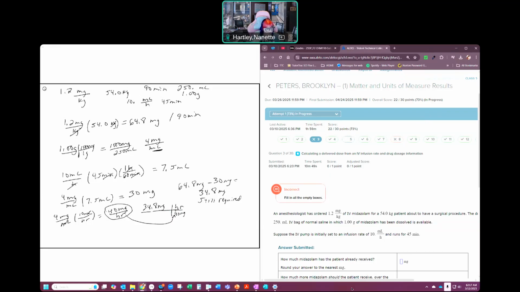That is a conversion factor. I've flipped it over so that I can figure out how many hours I need to use this to get that 34.8. So 34.8 divided by the 40 gives me 0.87 hours.